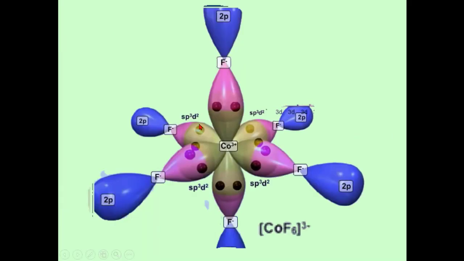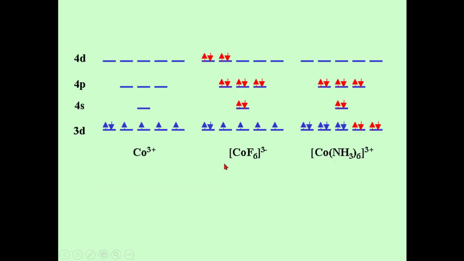If instead of the ammonia ligand you have a fluoride or chloride ligand, the 6 fluoride ions may come here and make a bond with cobalt, and this bond is a coordinate covalent bond. This is an electron pair from one fluoride ion, this from another, and all 6 can make a bond.